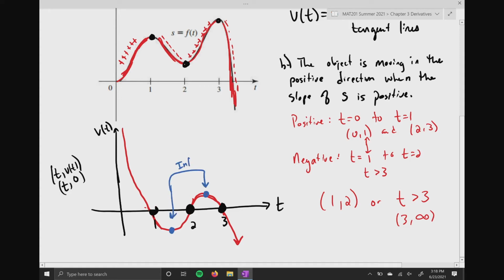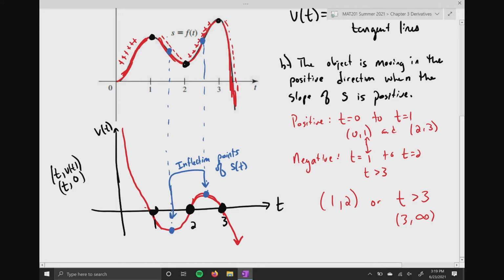These are going to be the inflection points of s of t. Meaning, and I'm going to draw a dotted line straight up to right there, and a dotted line straight up to right there. At those points, that is when the slopes of my tangent lines are starting to go back in the opposite direction.